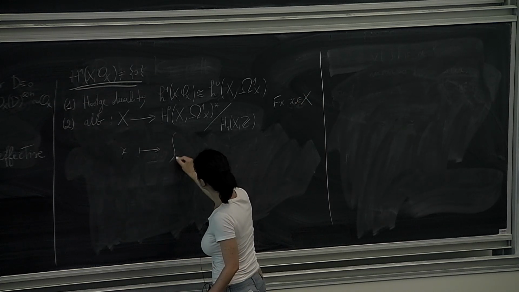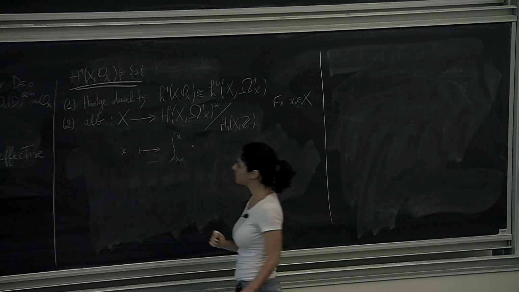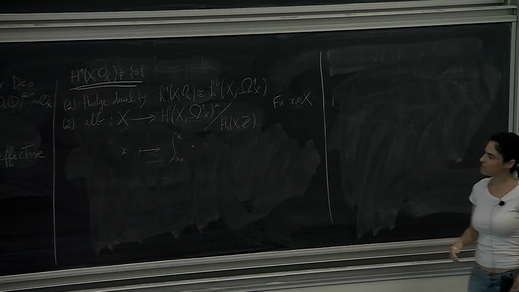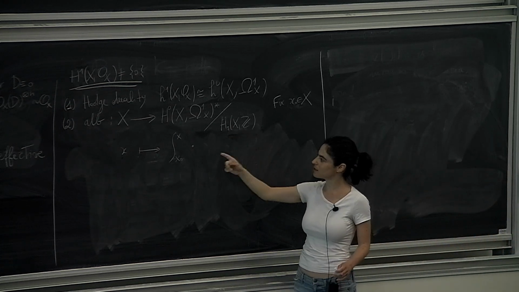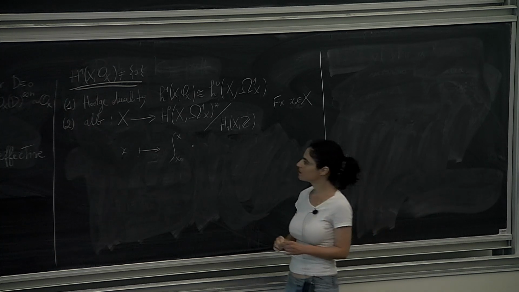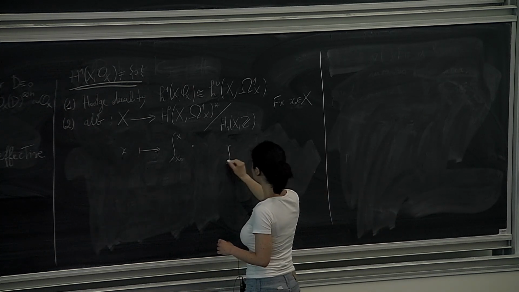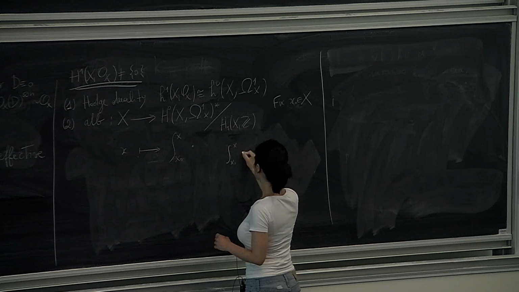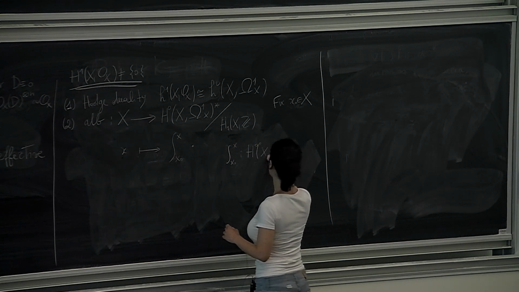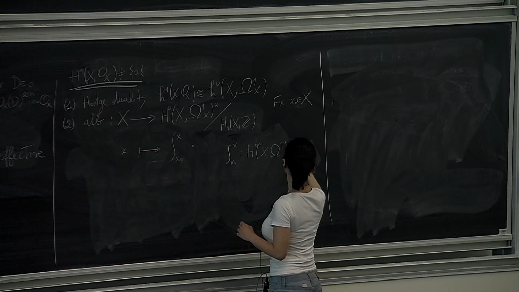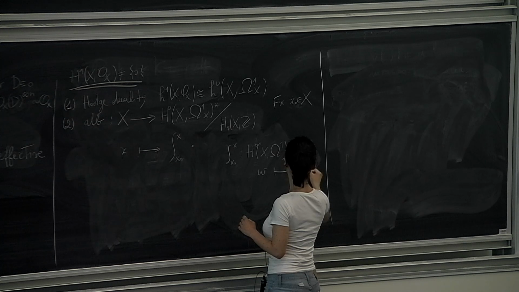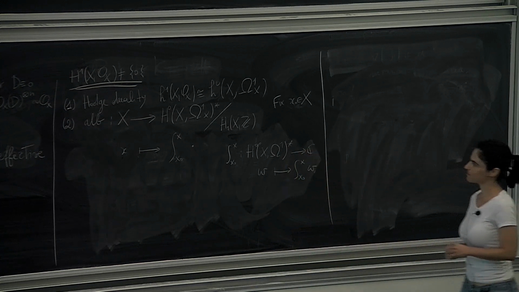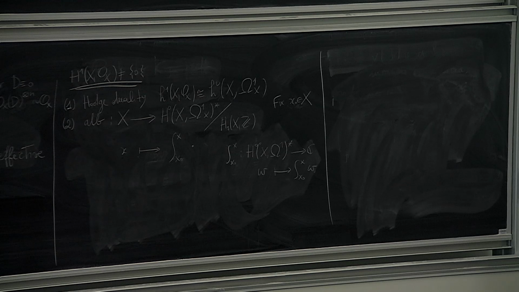And it goes to the integral from x0 to x along any path, because we are taking this quotient of one forms. So we're going to use these two things.